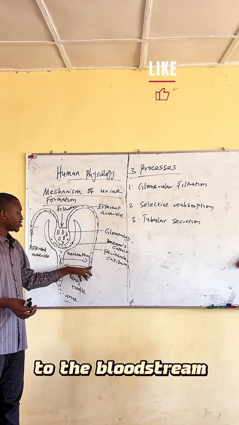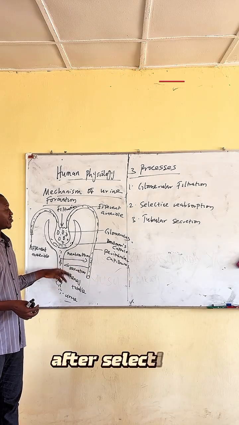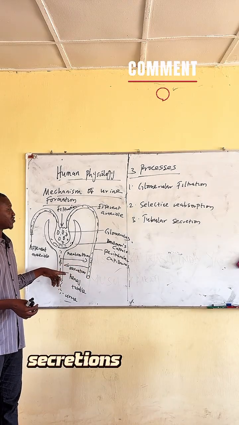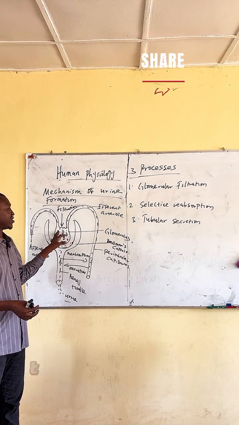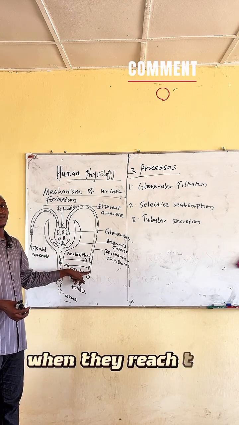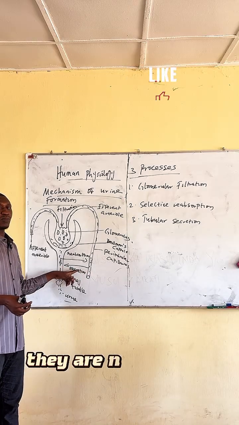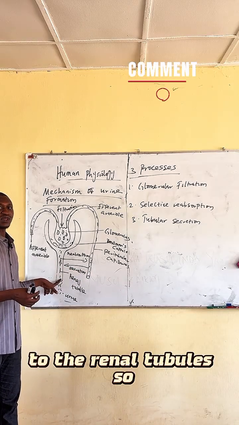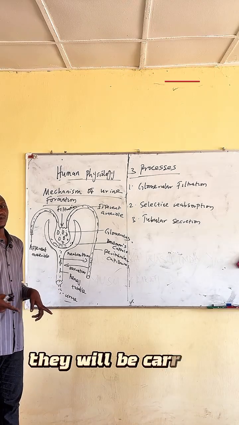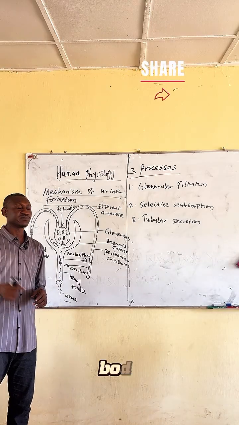To the bloodstream. After selective reabsorption, secretion follows. In secretion, waste product or unwanted material that was not filtered, when it reaches the peritubular capillaries, is now transported back to the what? To the renal tubule. In the renal tubules, it will be carried in the urine out of the body.